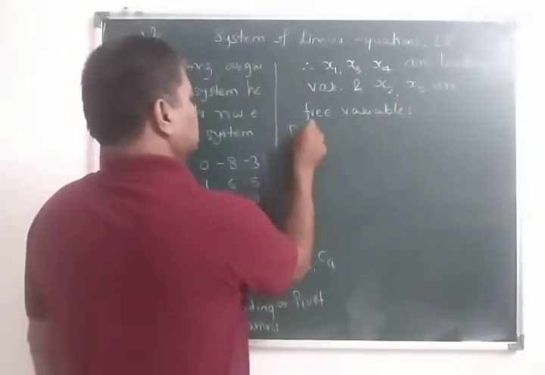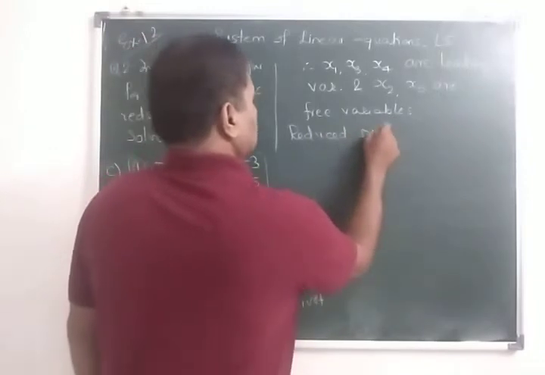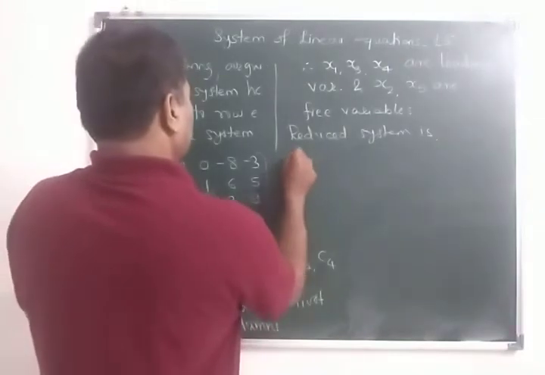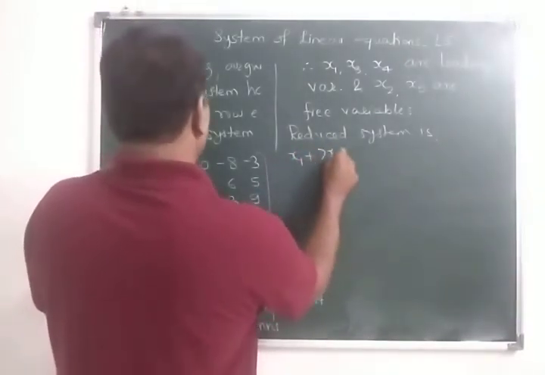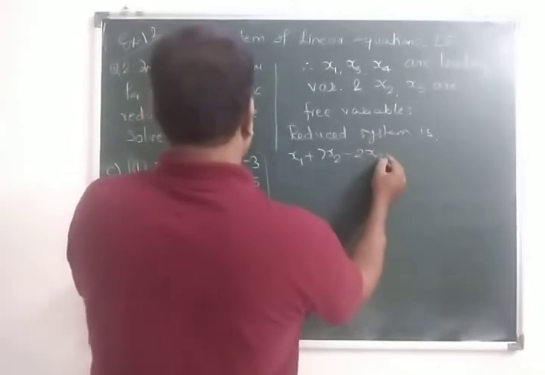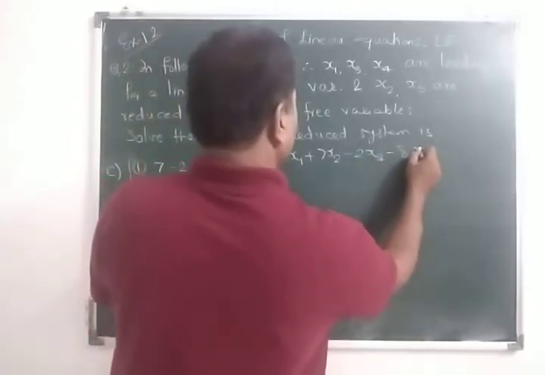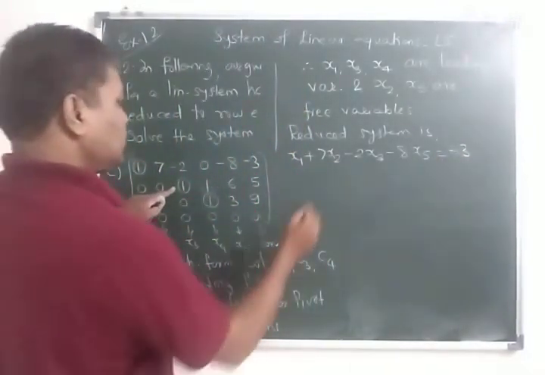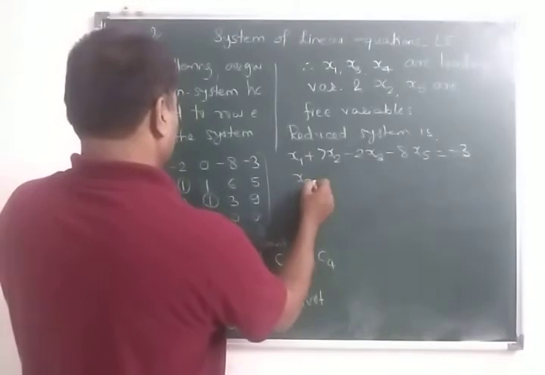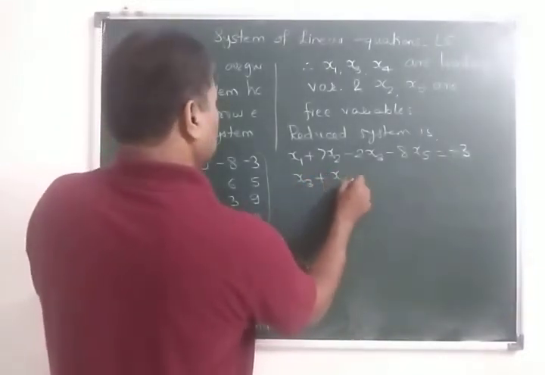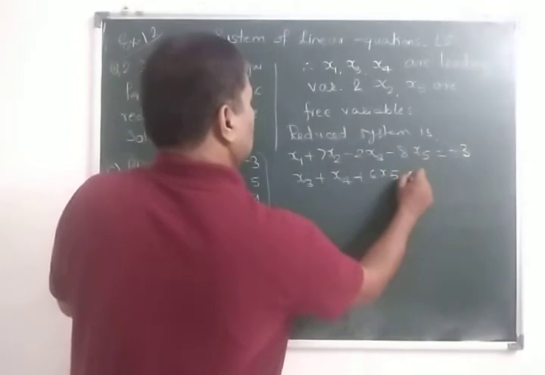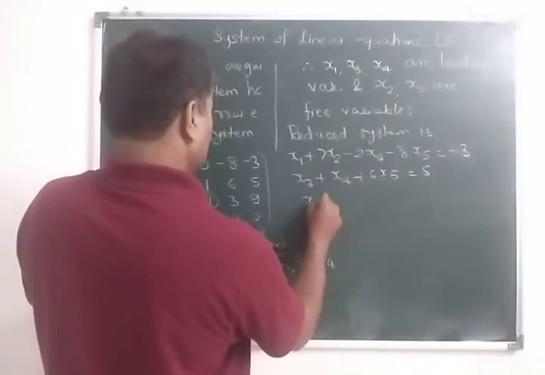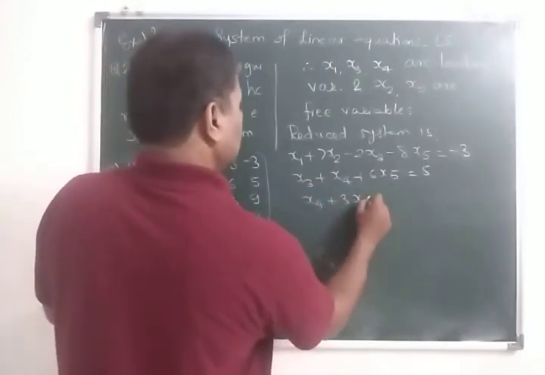The reduced system is x1 plus 7x2 minus 2x3 minus 8x5 is equal to minus 3, then x3 plus x4 plus 6x5 is equal to 5, and then x4 plus 3x5 is equal to 9.